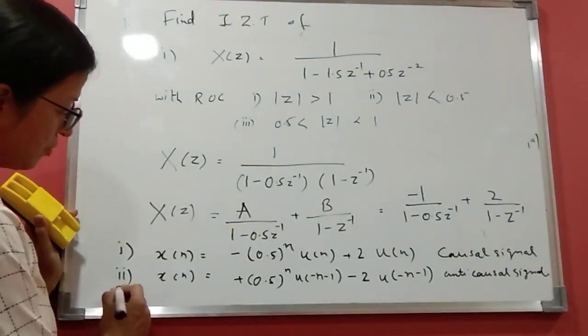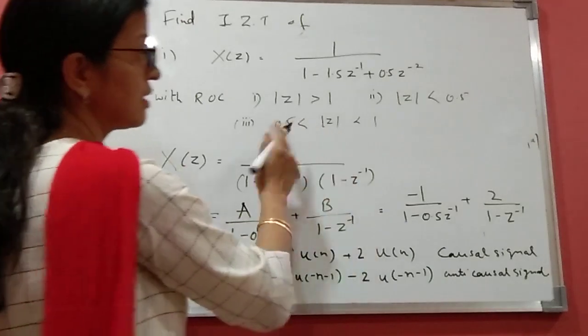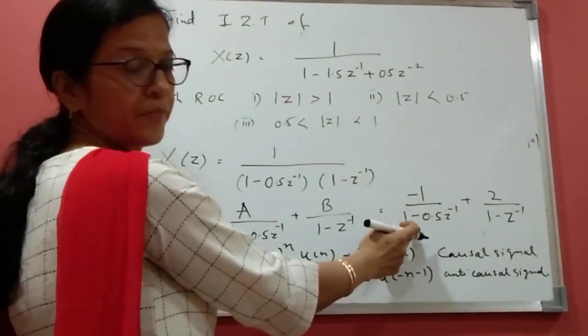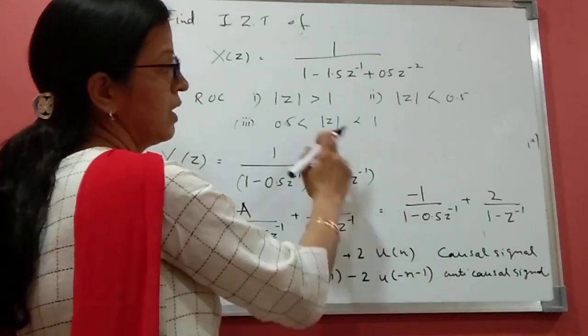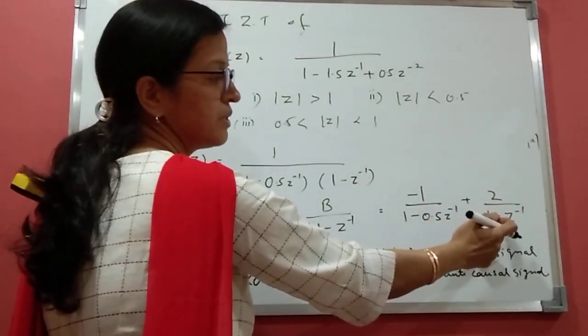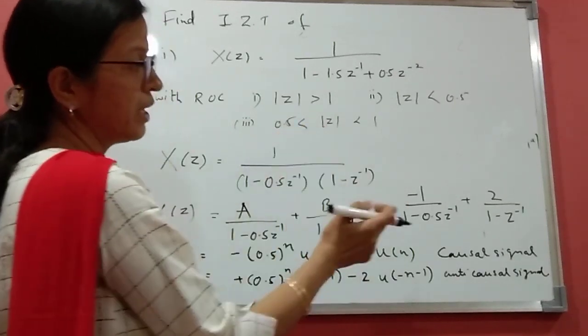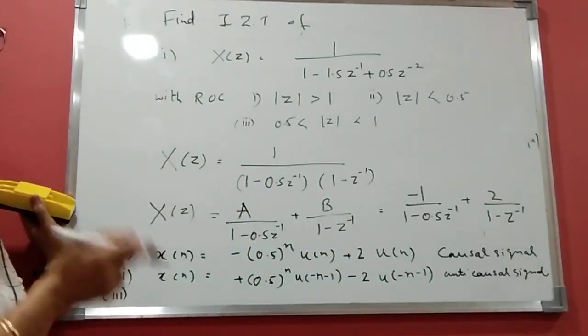The third one, if you see, mod z is greater than 0.5, so it is causal only for this part. And mod z is less than 1, so this means this part is anti-causal. So this is a combination of causal and anti-causal, or we can say it is a non-causal signal.